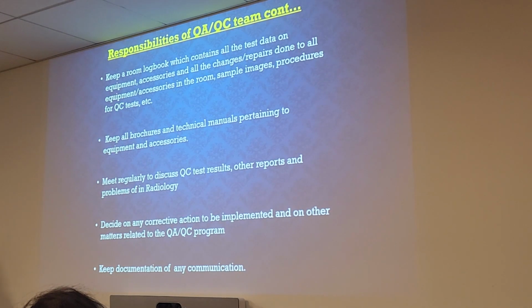And some more responsibilities. Some facilities actually keep a log book, like a binder, in each of the x-ray rooms, and what's included in this log book is QA tests, whether they passed or failed, printouts of the QC test, whether or not they passed or failed, sample images that may come from medical physicists or the vendor personnel, things of that nature.